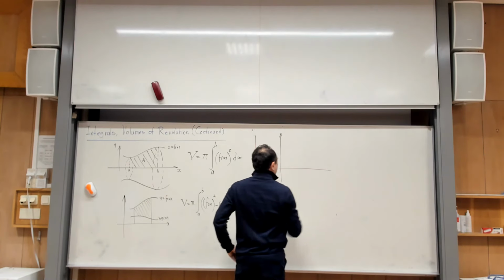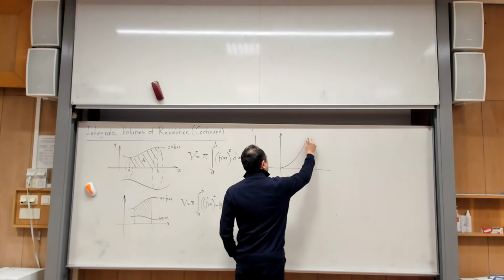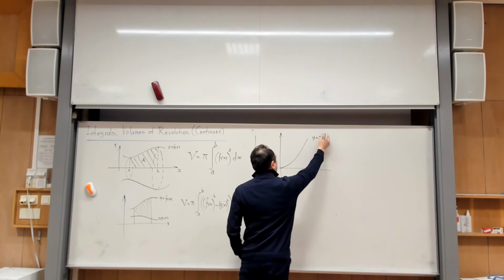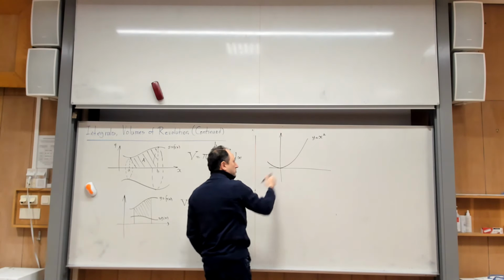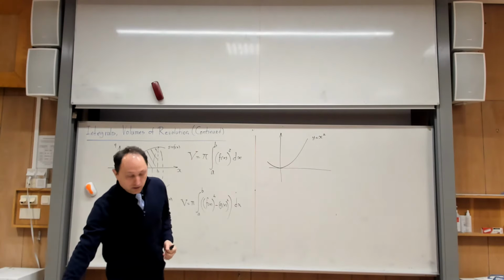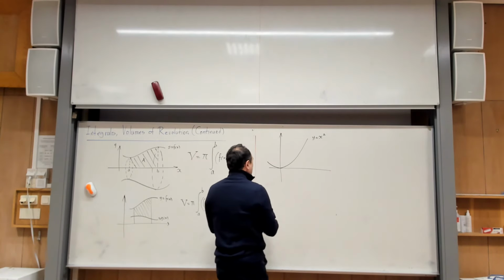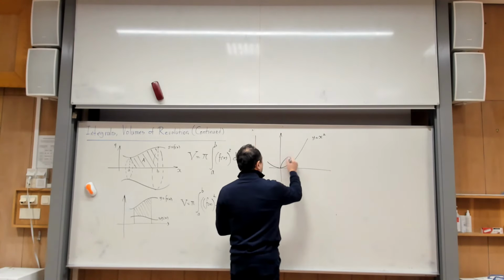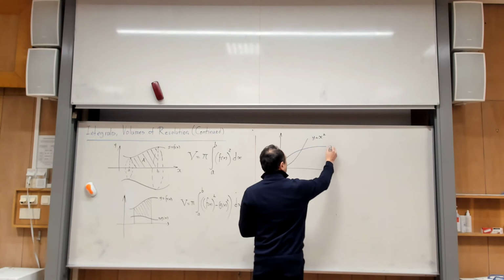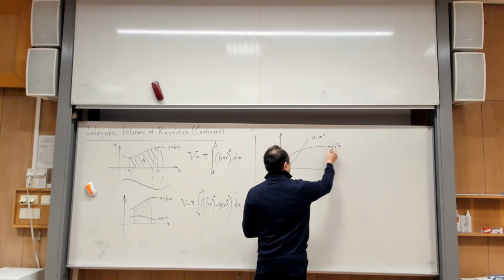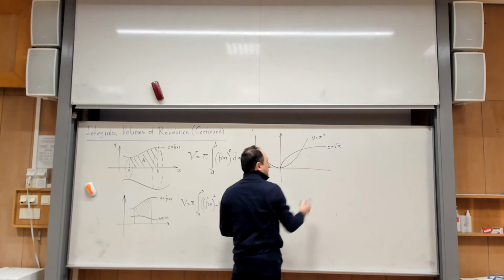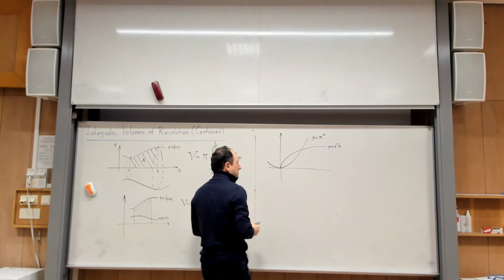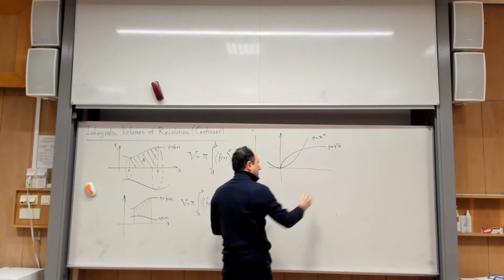We have 2 curves. One of them is y equals x squared, but of course y equals x squared also goes in that region, but I don't need that. And then I have another function which is the square root of x. If you draw that, this becomes something like this, and that is only one branch, so it doesn't go here because the square root of x is always positive, so it cannot go below the x-axis.